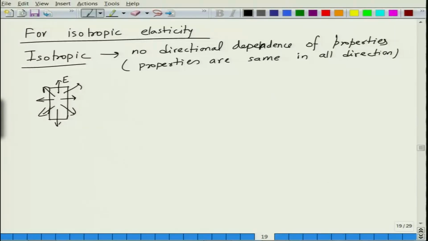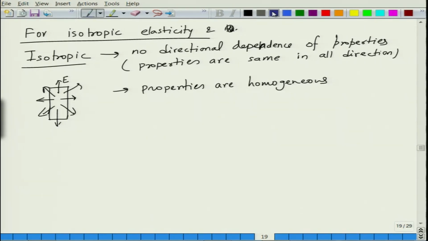So, assume that elasticity is isotropic, which means properties are identical in all the directions. Another condition is that properties are homogeneous, which means they do not vary from point to point.